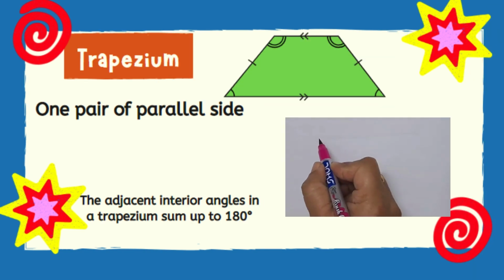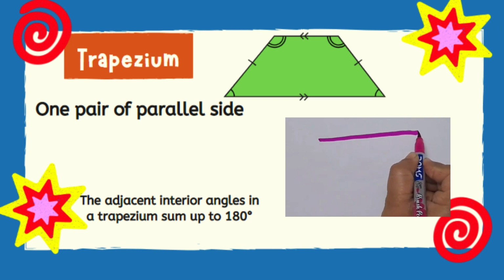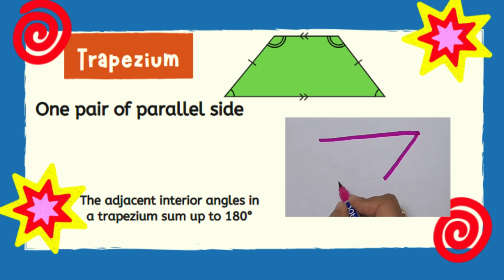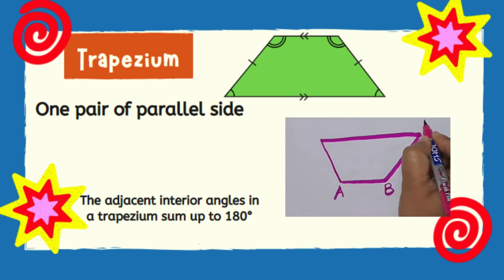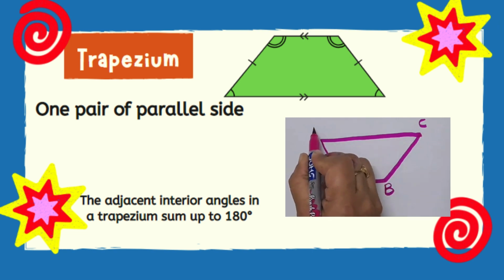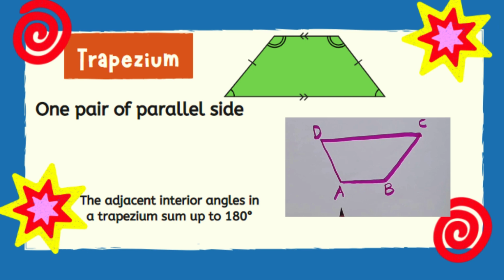A trapezium is a quadrilateral in which one of the pairs of opposite sides is parallel. This is a trapezium, A, B, C and D. One pair of opposite sides is parallel in a trapezium.